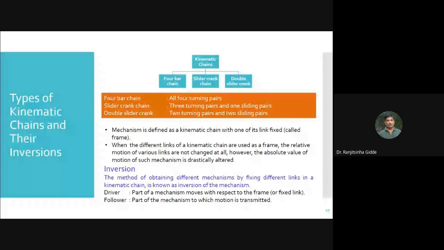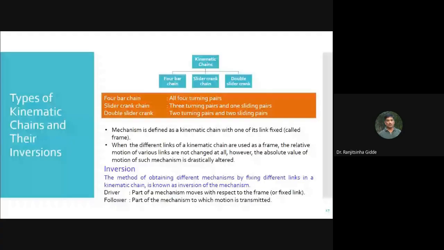And that procedure, or that output, whatever we are going to get by fixing the different link, is called as an inversion.